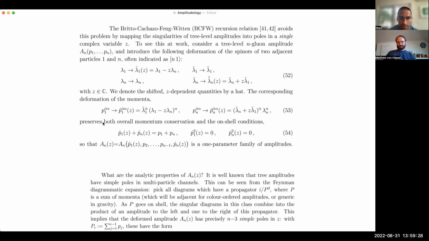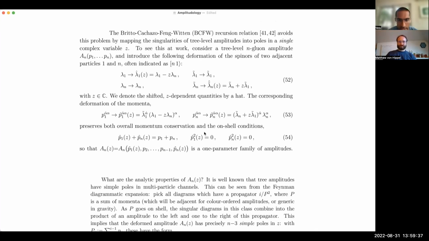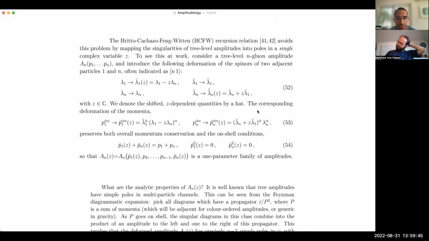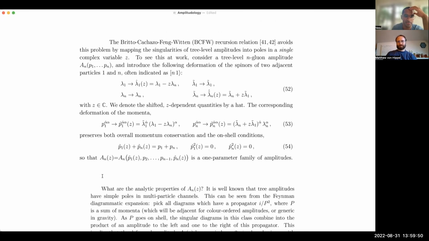And the nice thing about this deformation is that momentum conservation and the on-shell conditions are preserved. So you have a family of momentum conservation conditions under this deformation by z, and similarly the on-shell conditions.